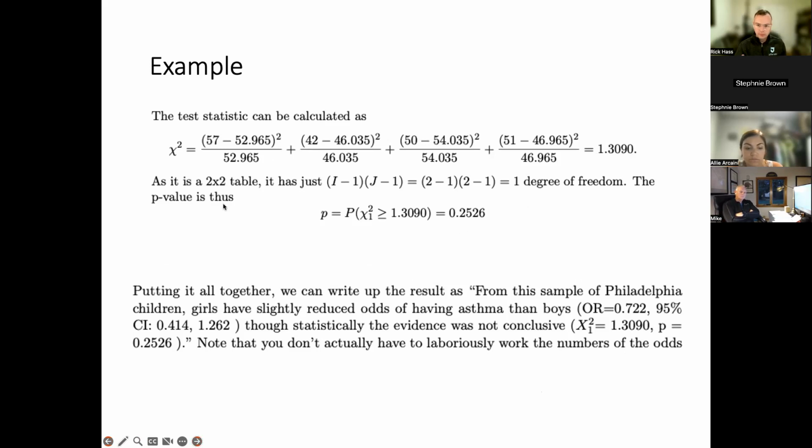So this is important, right? Because our odds ratio is not equal to 1.0, and the observed and expected frequencies are not identical in any of the cells. But remember, we're dealing with sampling error.